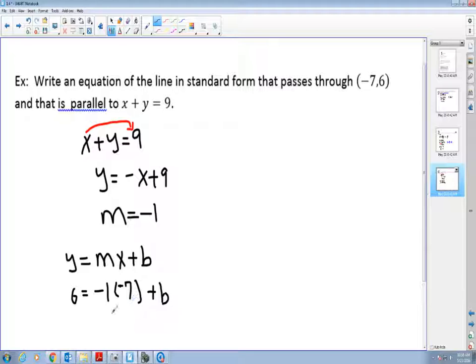Negative 1 times negative 7 is positive 7. Positive 7 moves over and becomes negative. So 6 minus 7 is negative 1. Alright, so the equation of my line will be y equals negative 1x minus 1. Alright, and that will conclude this video on the equation of the line.